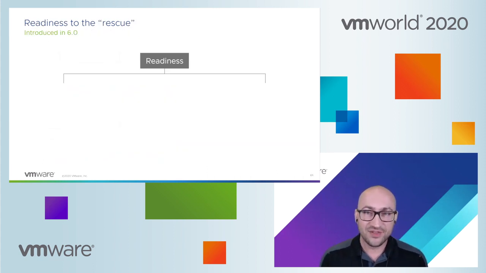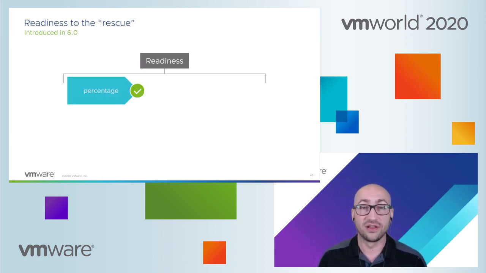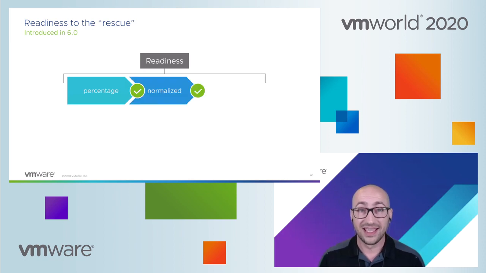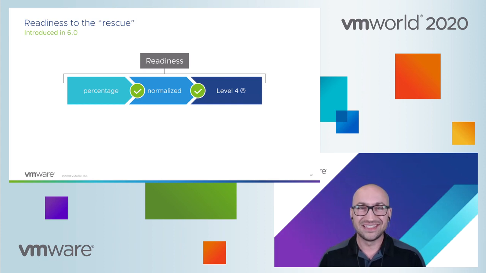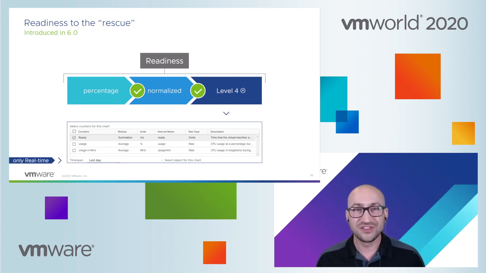So I mentioned before we should make this better, and we did. We created readiness. Readiness was introduced in 6.0, and it automatically calculates the percentage. It is already normalized to the vCPUs, but it is only available as a level 4 metric, meaning it is available in real time, but as soon as you switch to last day, you only have your level 1 stats available for the VM here, which is ready, usage megahertz, and usage percent.